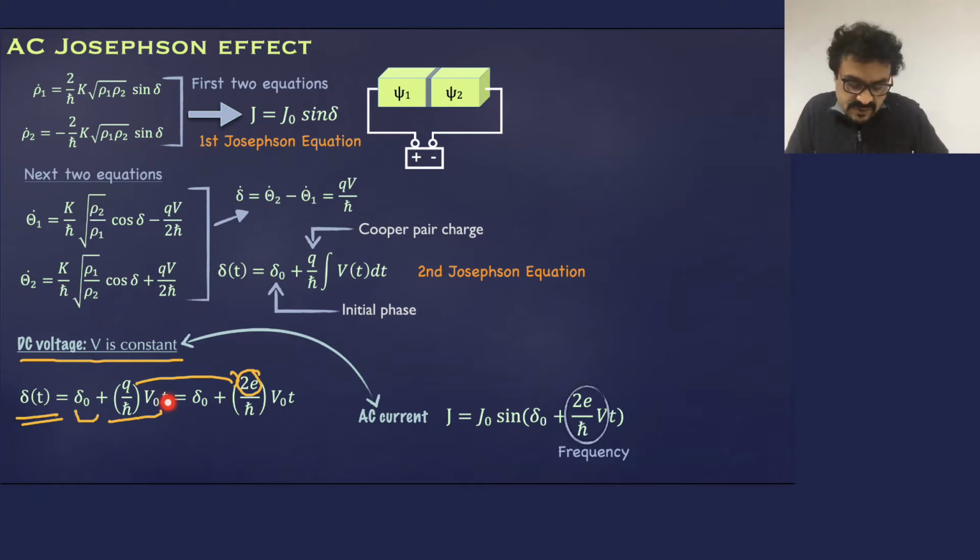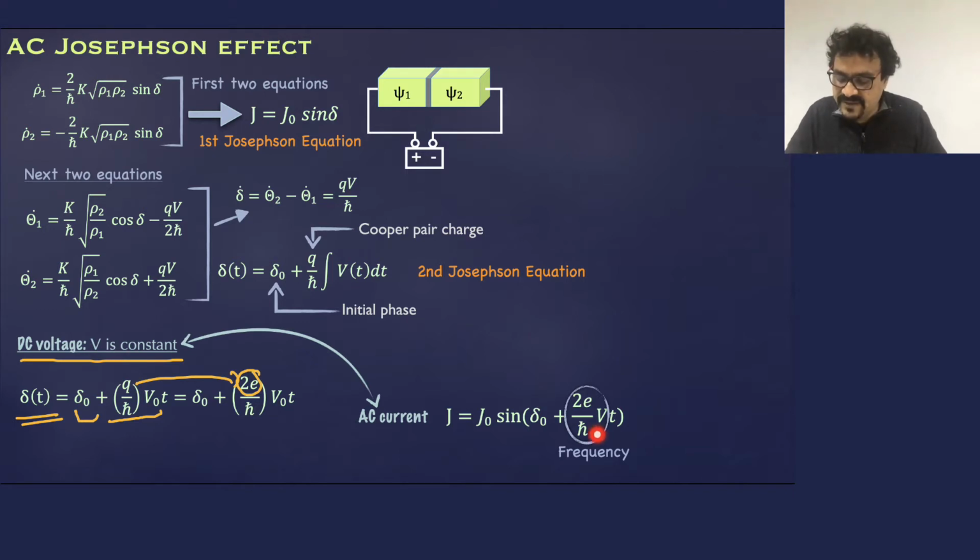So when you substitute this in the first Josephson equation, what we are seeing is that the current is oscillatory, because you have a δ term inside the sine, as the argument of the sine term, which is going to oscillate. The current is going to oscillate over time.